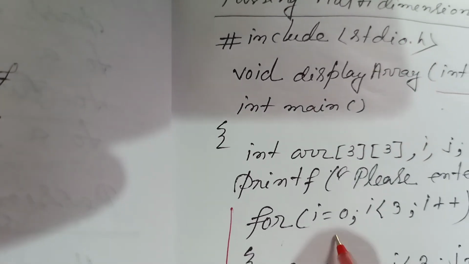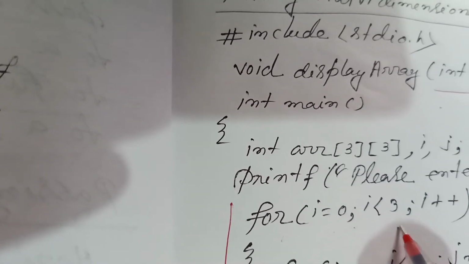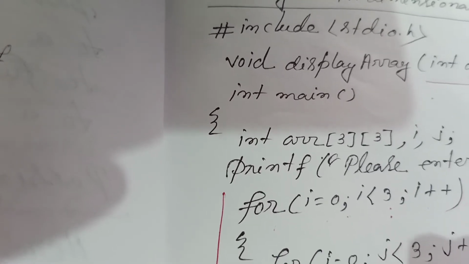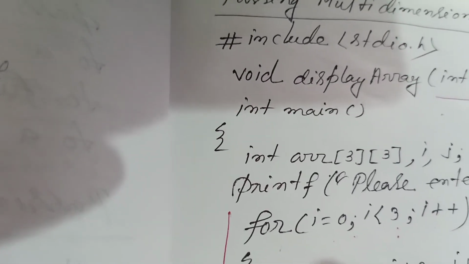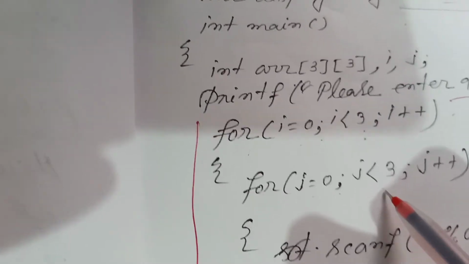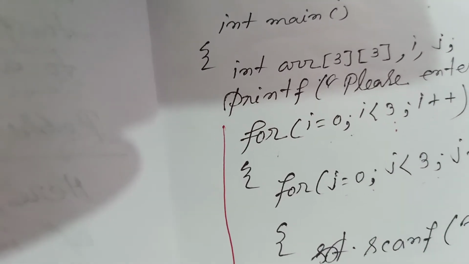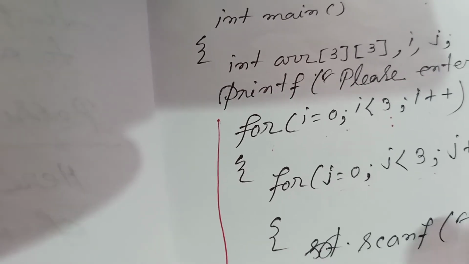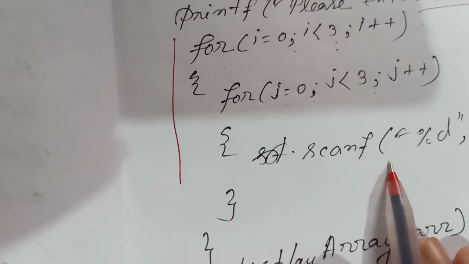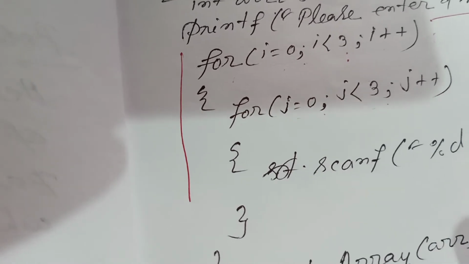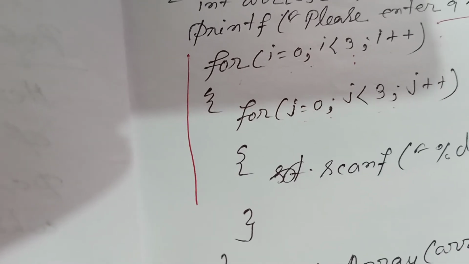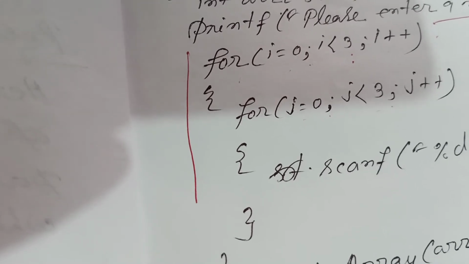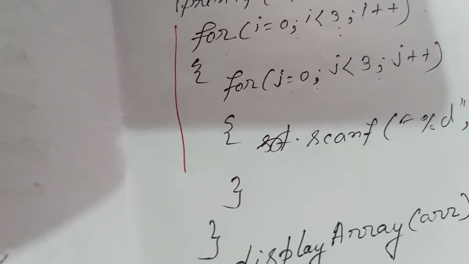So for i equal to 0, i is less than 3, i plus plus for the index of the row, and for the column j equal to 0, j is less than 3, j plus plus. Now with the scanf we are taking the input value. So scanf %d, ampersand arr[i][j]. So we are able to put the values of this matrix or two-dimensional array.